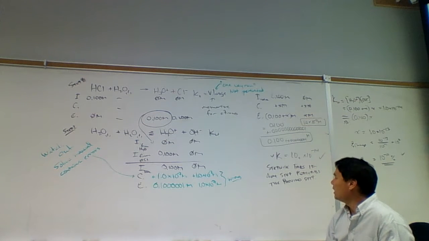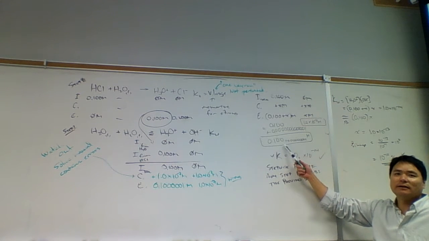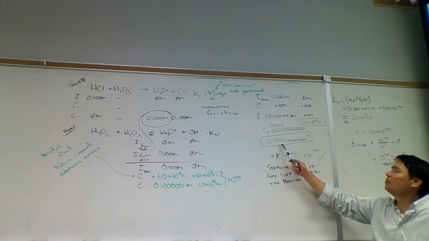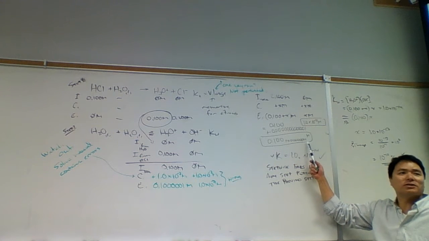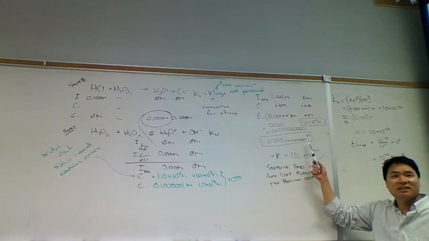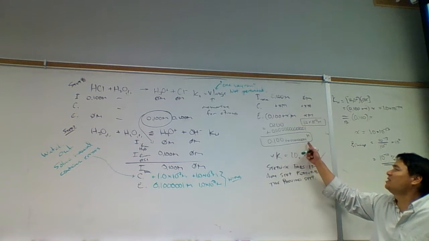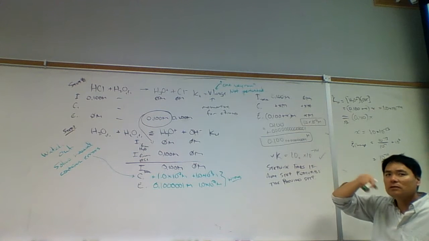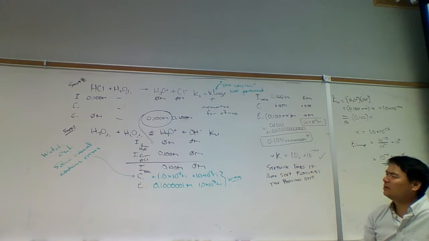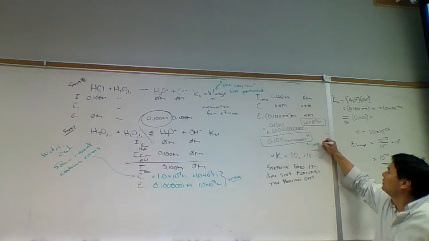The other reason I don't have to worry about it is how much did I increase the concentration by? You know, I started off with 100 and then I added this much. Was that a significant change? No. And so the second reason I don't have to worry about this perturbing is because it was an insignificant change. And so in both cases, I didn't have to worry. This is an insignificant change.